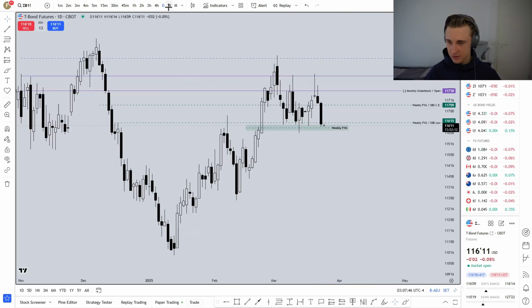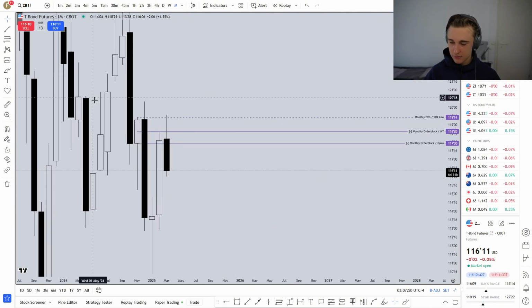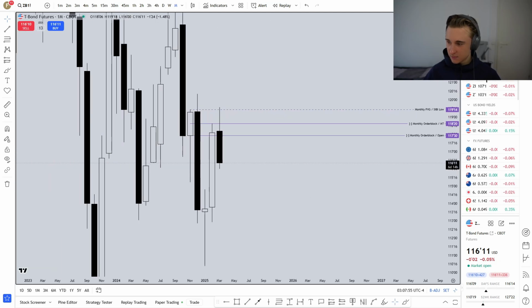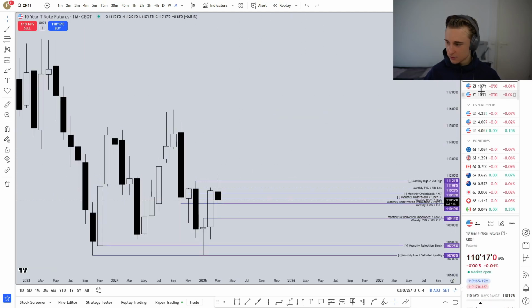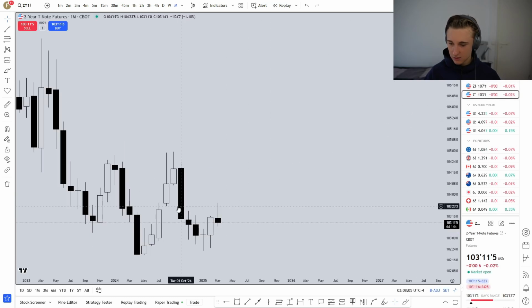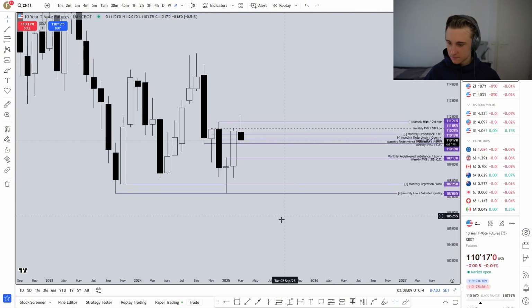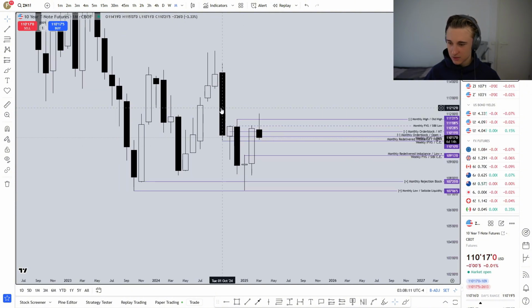You can see if we go out to the monthly time frame, we are right at this reclaimed fair value gap right here, and on the 10-year T-note futures, we traded back into this fair value gap as well, and you can see all between all of the other T-note futures. We traded into this SIBI as well on the monthly time frame.